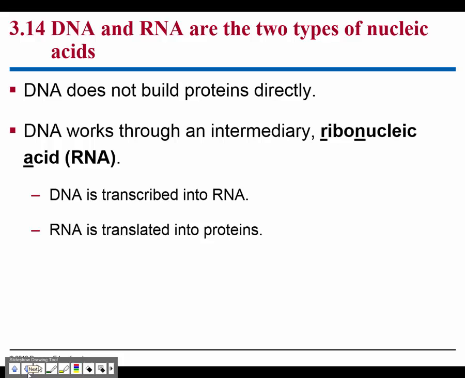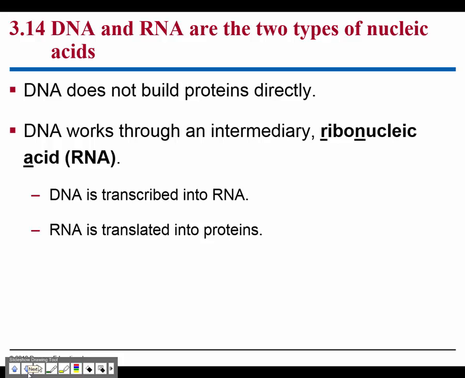But it doesn't do it directly. It has kind of this go-between called RNA, which is ribonucleic acid. Deoxy means it's a ribonucleic acid that's missing an oxygen. DNA is what's called transcribed into RNA. When you talk about a scribe, someone who writes, it copies down the DNA.